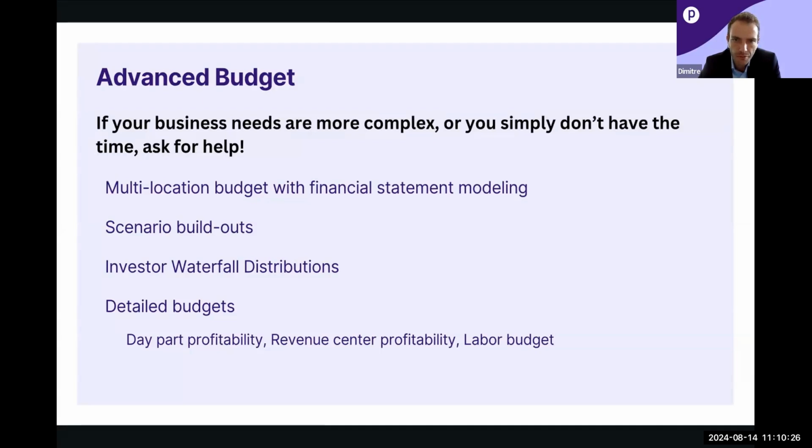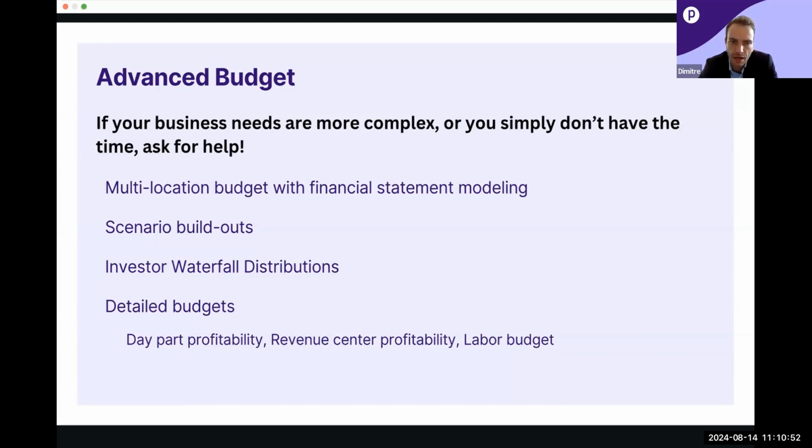So we will factor in your asset schedule, your working capital, prepaid insurance needs heading into 1 year to 3 years to 5 years, your location growth plan, and scenario build-outs where we look at base case, downside case, and upside case. So we have a quick trigger: if sales go down 30%, what happens to my cash in an instant? That is part of our budgeting process, where you can review that at the click of a button.